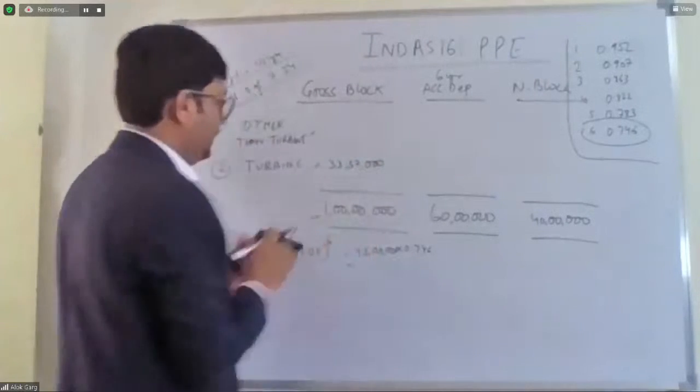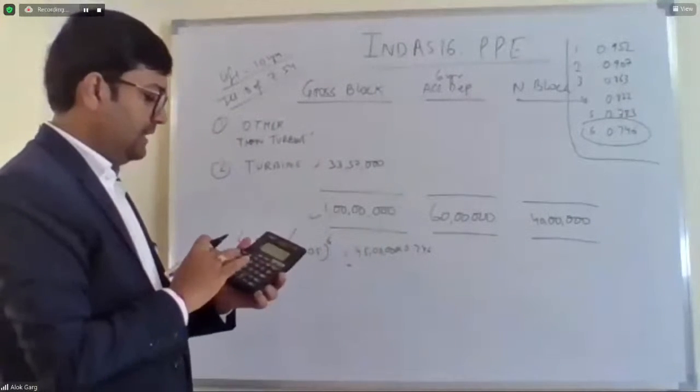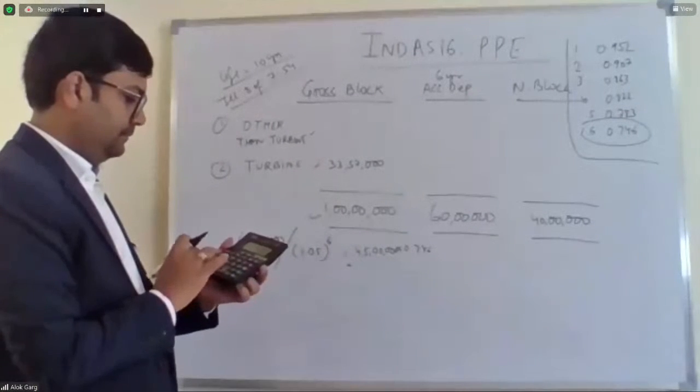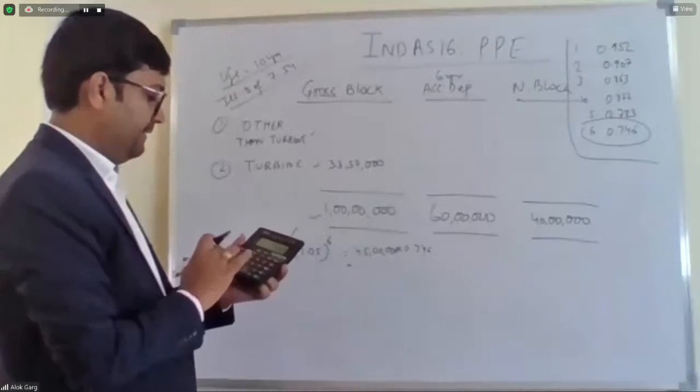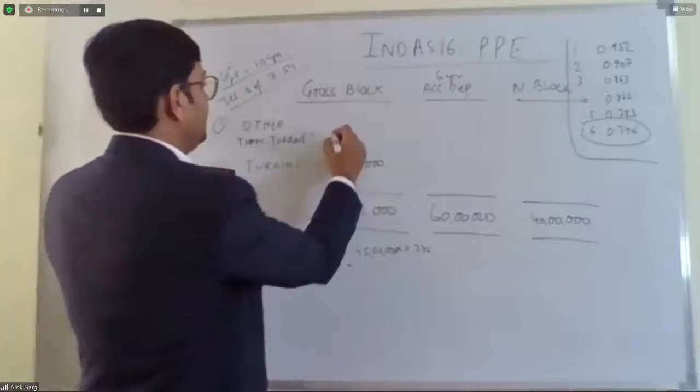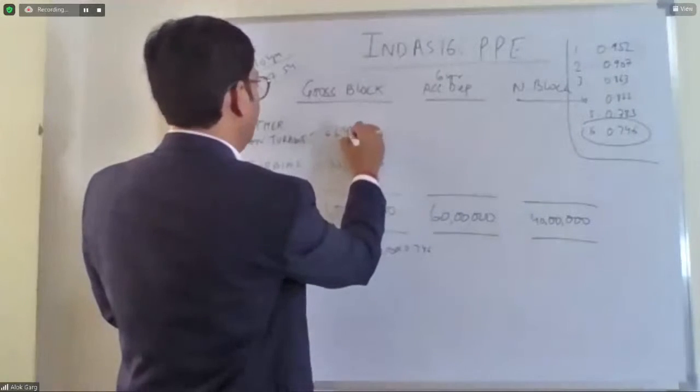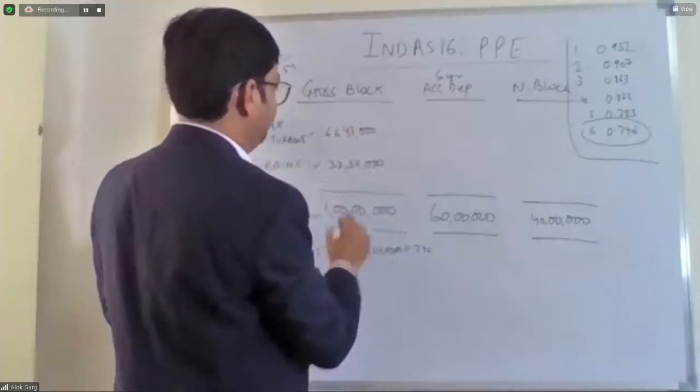And what is the remaining part? 1 crore 100 lakh minus 33 lakh 57,000 is 66 lakh 43,000. It is the remainder.